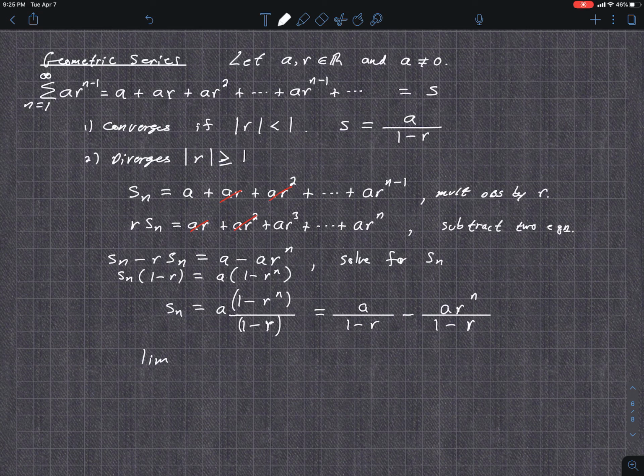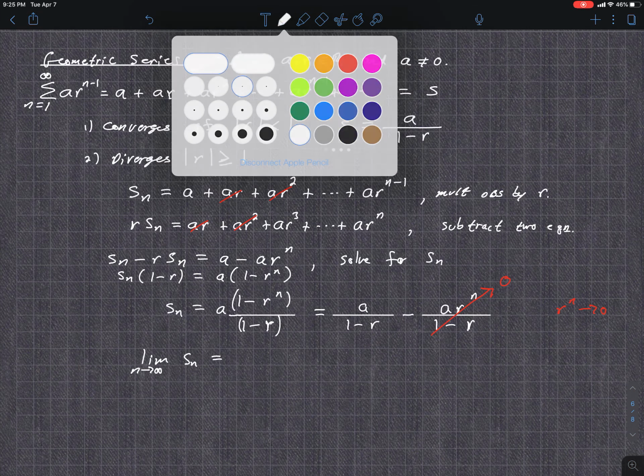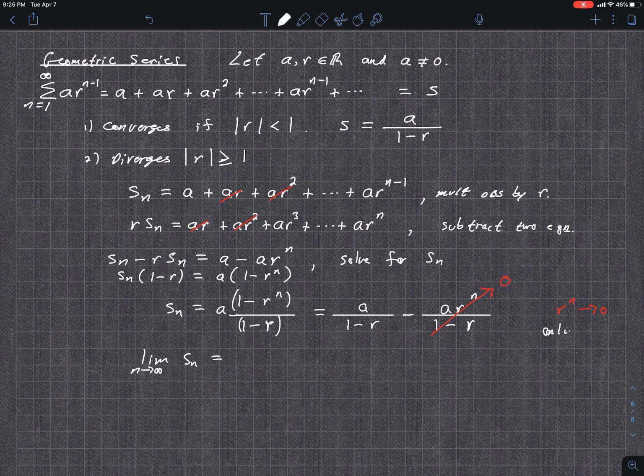So then from there, if you look at the limit as n approaches infinity of S sub n, we can see that this is going to 0 because r to the n is approaching 0.